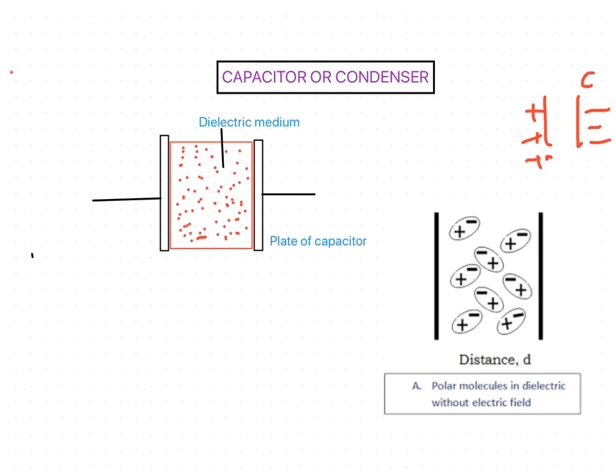Now we will see the construction of the capacitor. It consists of two metal plates made from materials with good conductivity, which are separated by a dielectric medium. This dielectric medium is mainly made up of insulating material.